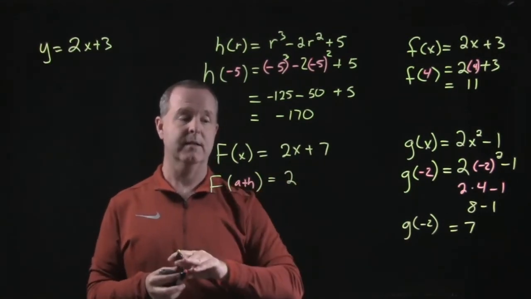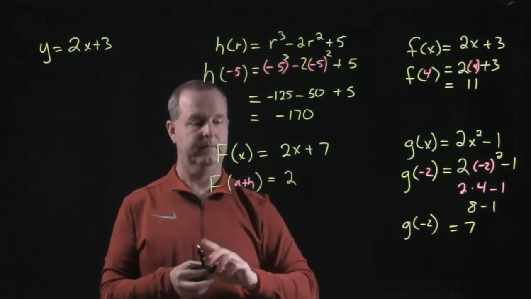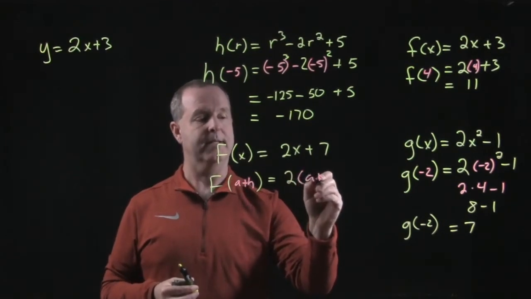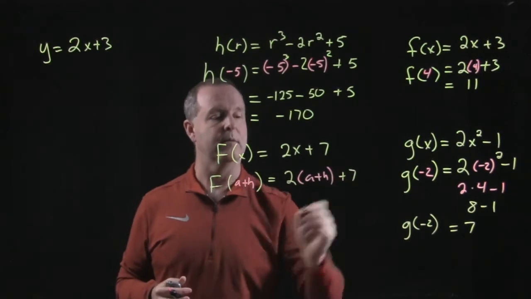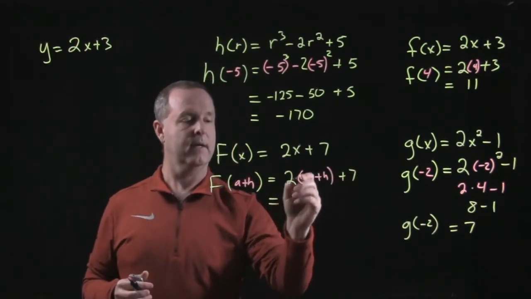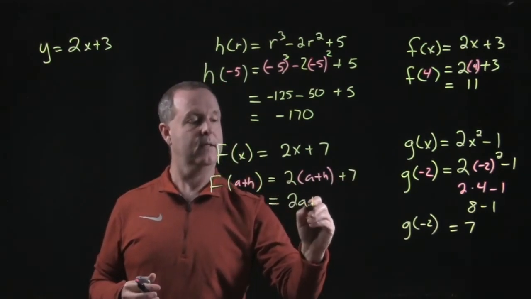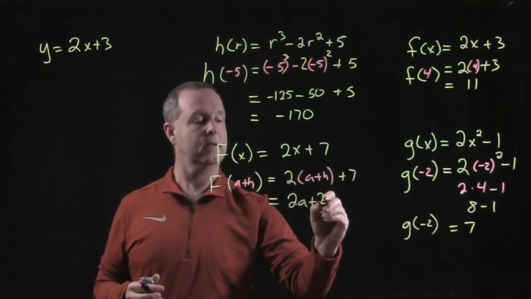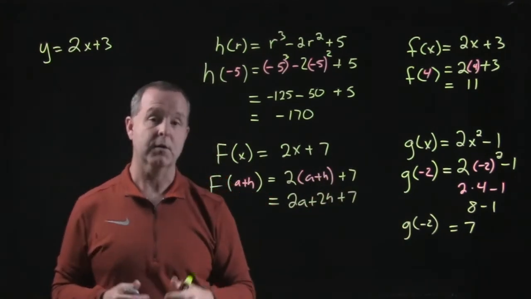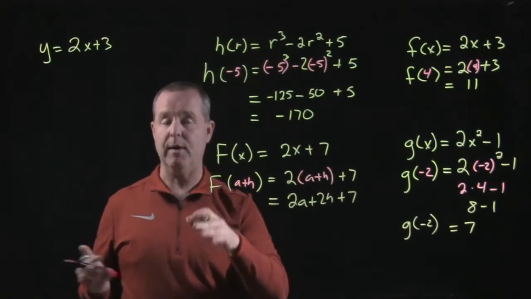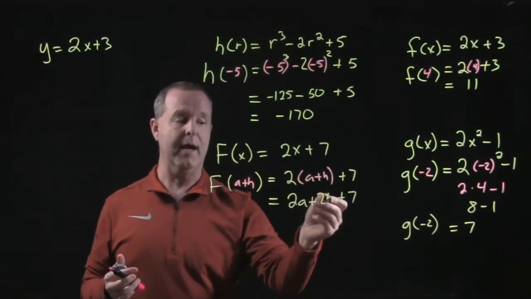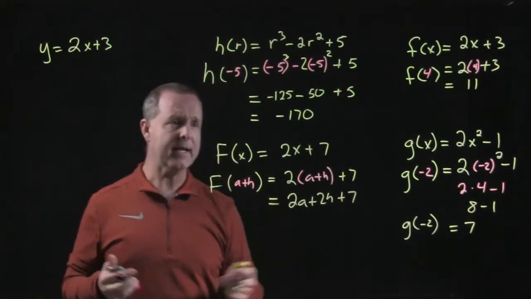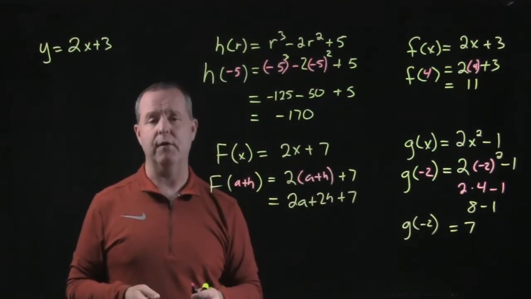Everywhere we see an x, we'll include an a plus an h, and then continue with the problem. Work that out. That equals 2a plus 2h plus 7. So f of a plus h equals 2a plus 2h plus 7, and I can't reduce that any further than that.